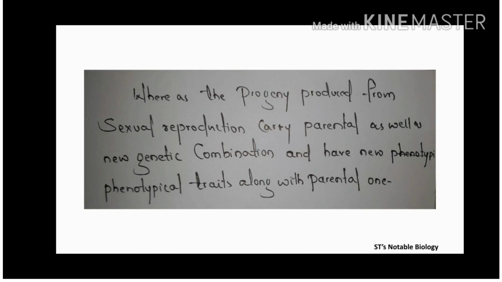They carry parental character as well as new genetic combination, because genetic recombination occurs, and they have new phenotypical traits, meaning the physical appearance is unique compared to their parent.